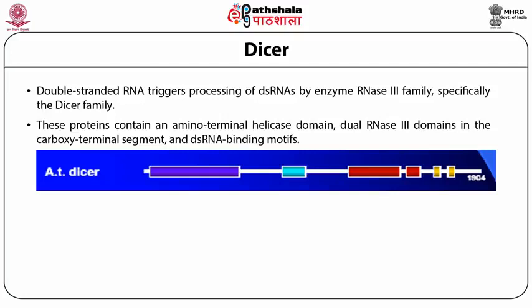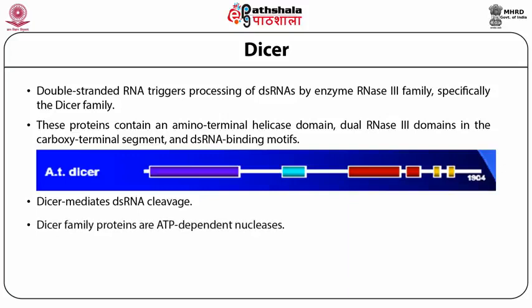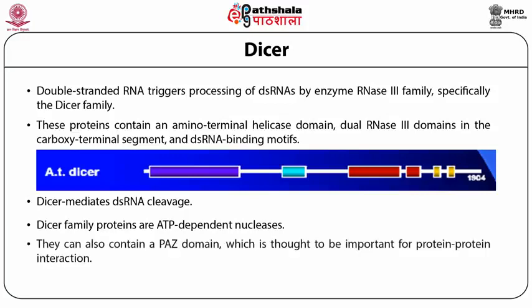These different domains are used for different functions to recognize and cleave the double-stranded RNA molecule. DICER family protein activity is ATP dependent. These are nucleases because they have to cleave the double-stranded RNA. They also contain other domains like PAZ, which is thought to be important for protein-protein interaction. Loss of DICER means loss of silencing.